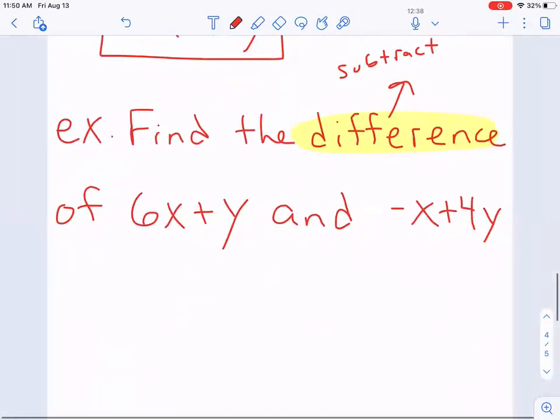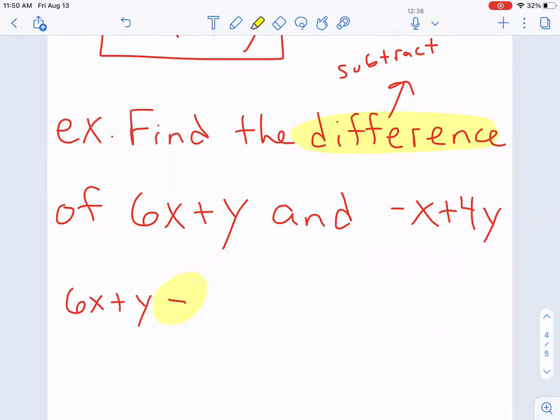And we're going to do 6x plus y, we're subtracting, so I did 6x plus y minus, and this is key, I have to put in parentheses negative x plus 4y. Because I need to distribute this negative sign, which I'll do in just a second.